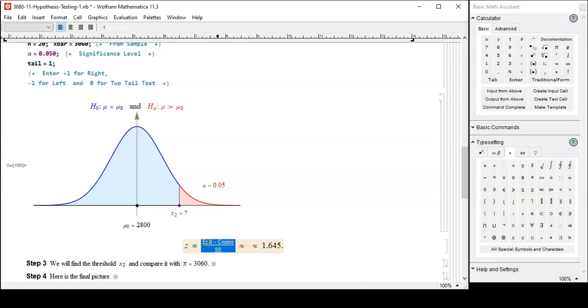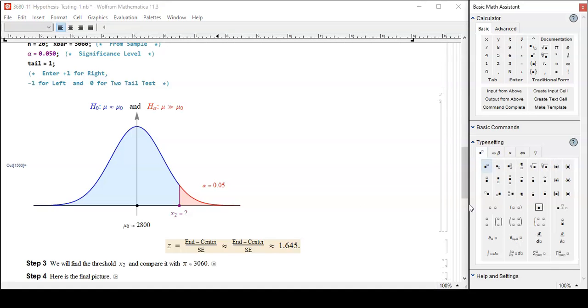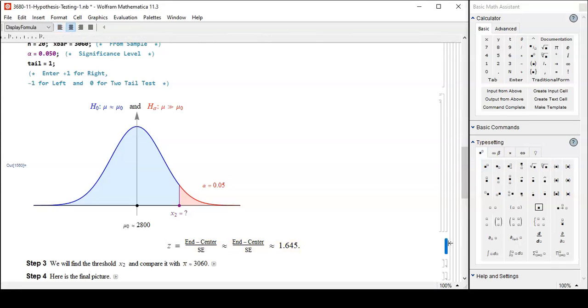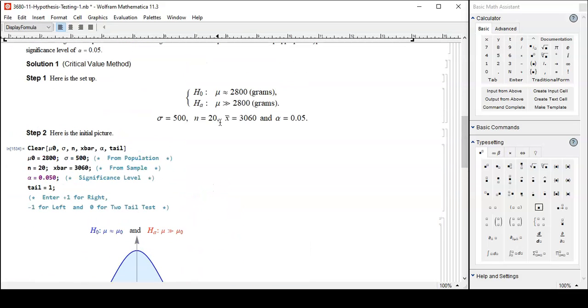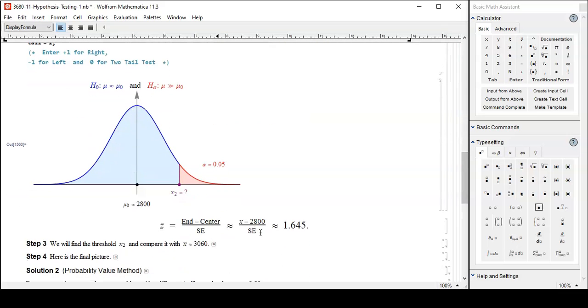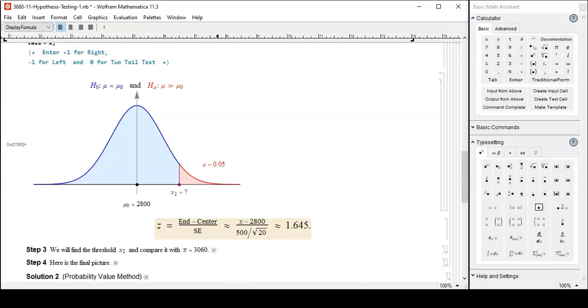Now, end minus center over SE. I'll use a bigger font here. End is the critical value you're looking for. Center is the null value. And what is your SE? It's standard deviation over square root of n, 500 over square root of 20.